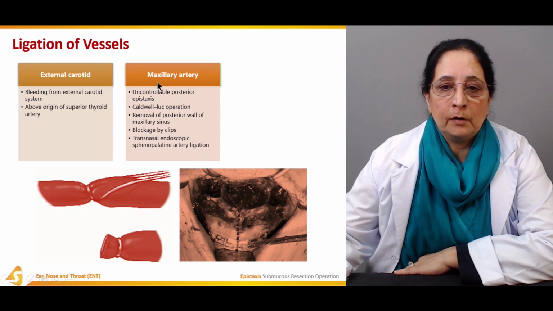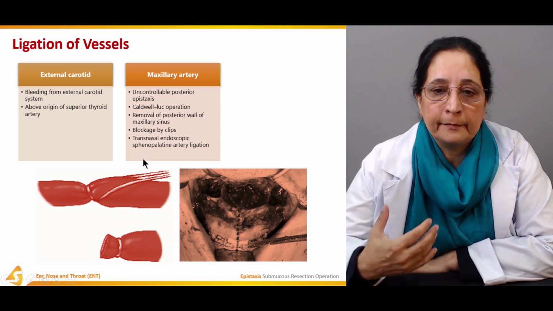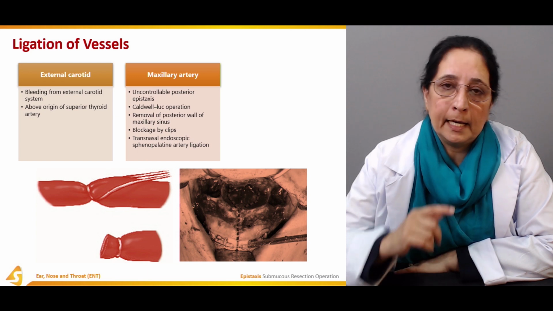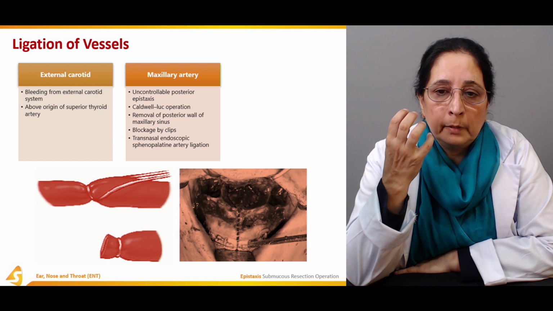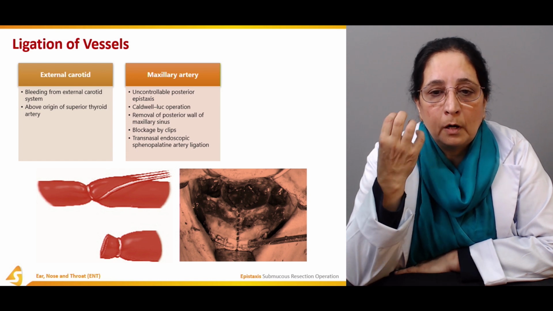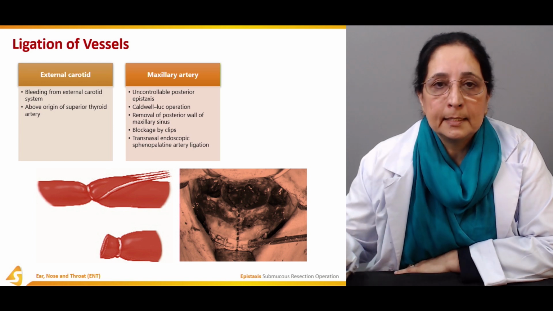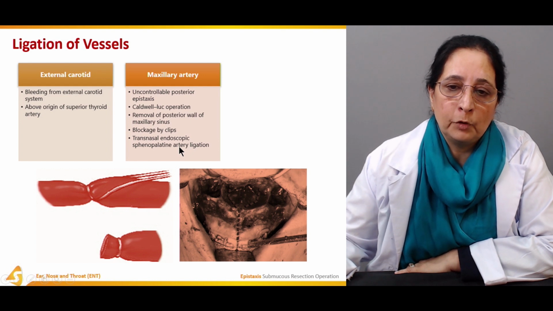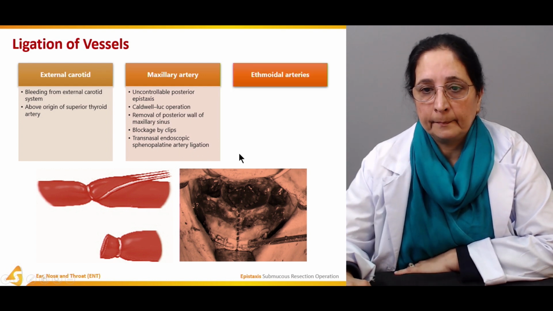So in case of maxillary artery, we do ligation of the sphenopalatine artery, and in this we usually perform Caldwell-Luke operation to expose the maxillary sinus, and from there we do the transnasal approach for the ligation of sphenopalatine artery.